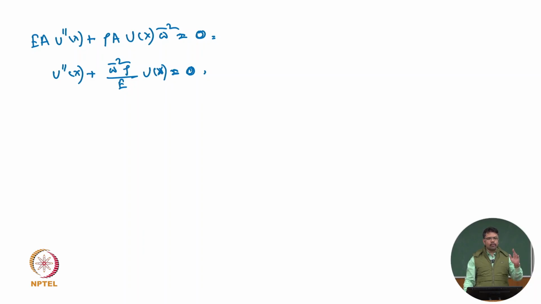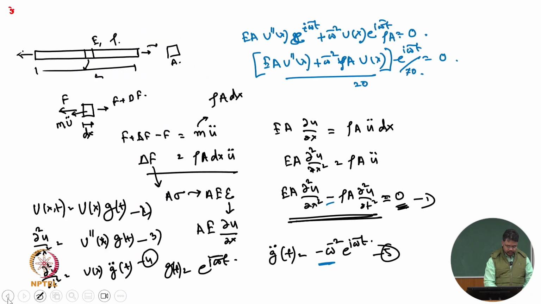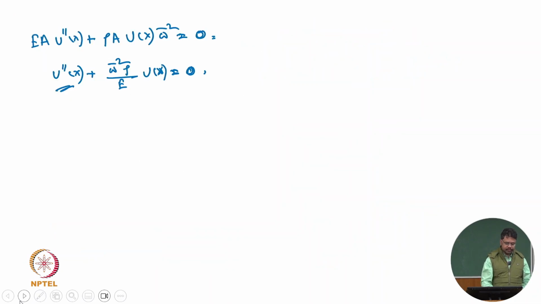Now what is U double dash X? What is the meaning of this? Have a look. This means nothing but the second derivative of U in terms of X. Then how can we solve it?